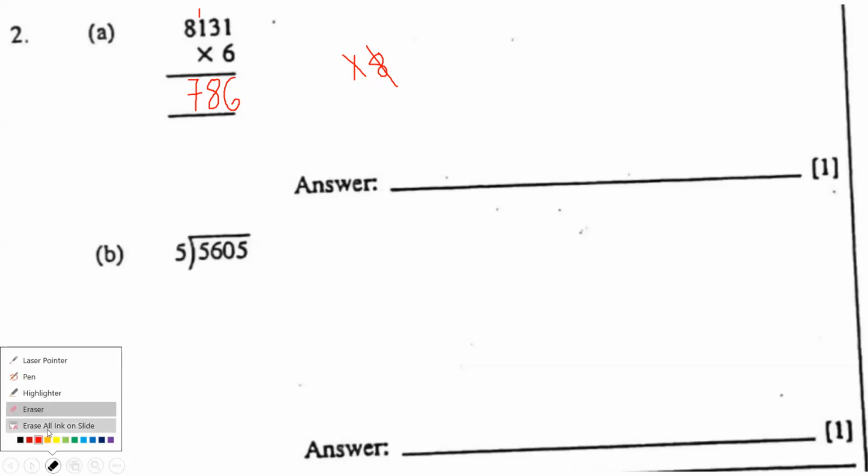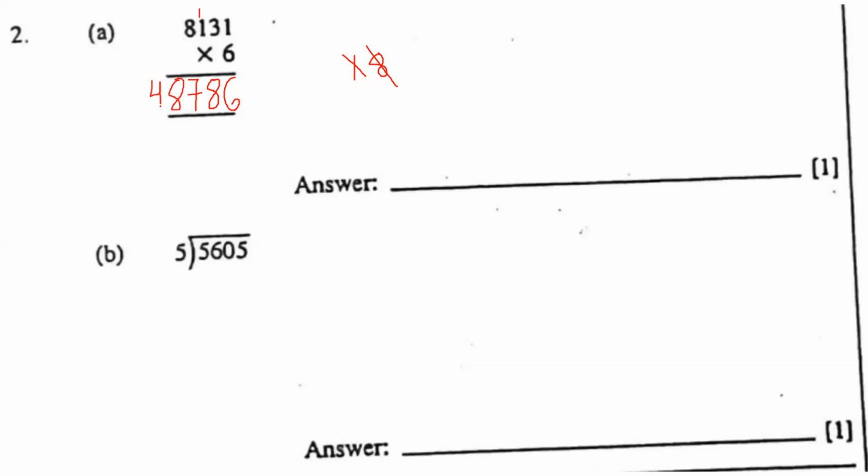We write the 8 here and the 4 here. So the product of 8,131 and 6 is 48,786.